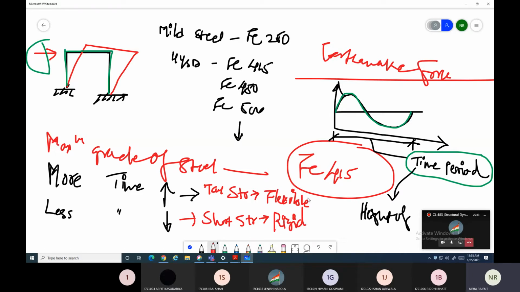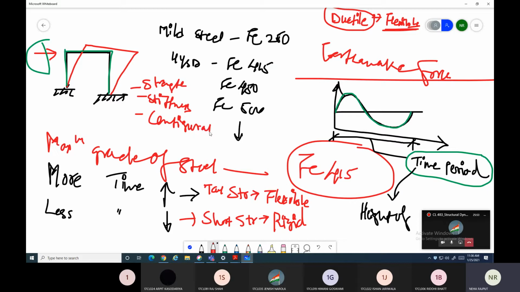From the earthquake point of view, we need to make our structure more ductile, meaning more flexible, right? मैंने आपको बताया था लास्ट में: strength, stiffness, then strength, stiffness, configuration, and flexibility.